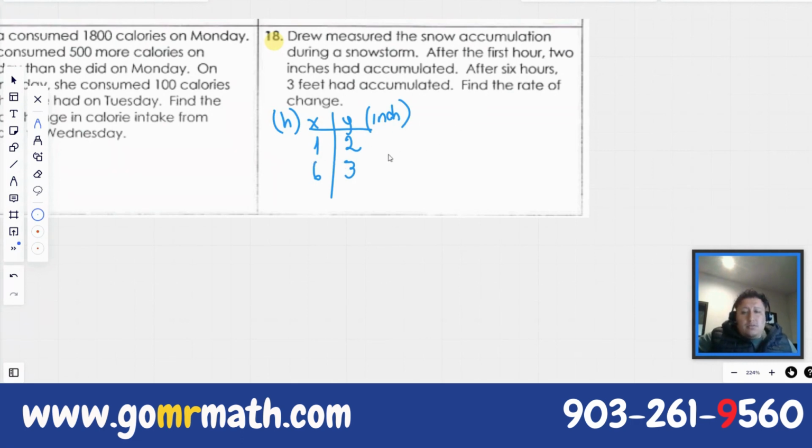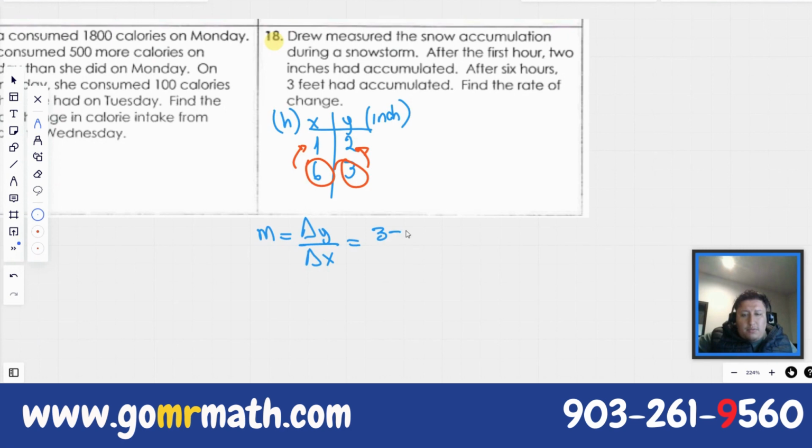Okay, so my slope, which is my rate of change, will be the change on y divided by my change on x. My change on y, we already saw this, will be this 3 minus this 2. And my change on x will be this 6 minus, I'm sorry, subtracted that 1.